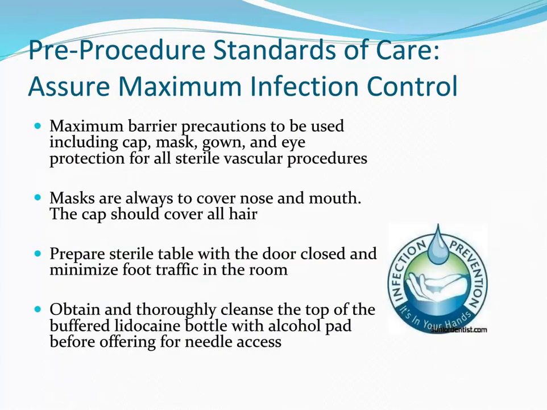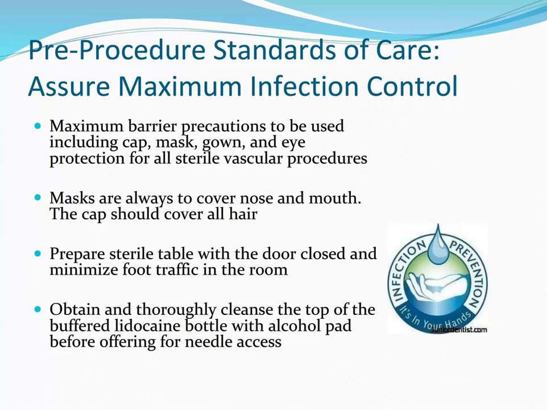Once these steps are taken and you're ready to proceed, infection control should become a priority. Barrier precautions such as hats, masks, gown, and eye protection should be worn. Masks should always cover nose and mouth, and hair should be tucked under the surgical cap. Prepare the sterile table and keep the door closed to minimize foot traffic into the room.